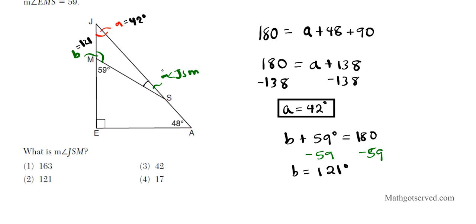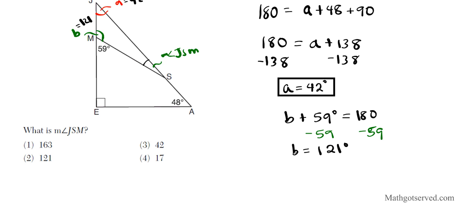Okay, so let's figure out the last one, angle GSM. I know that angle GSM is one of the angles of a triangle, and the sum of interior angles of a triangle is 180, the triangle angle sum theorem. Let me box this before I continue.